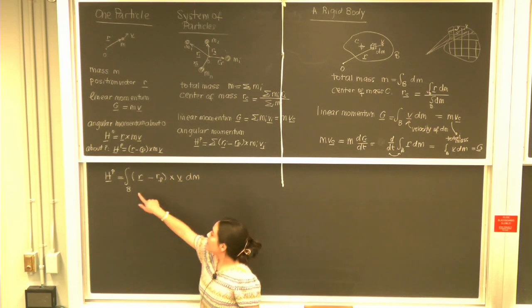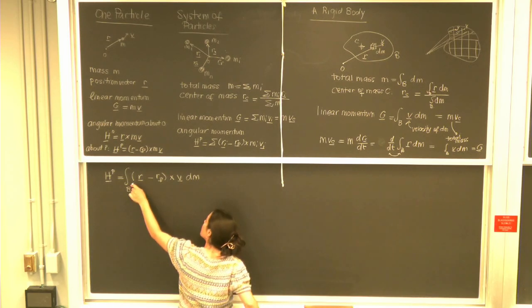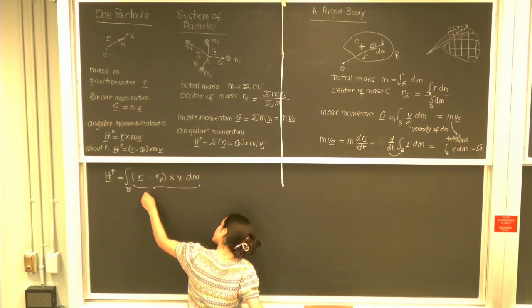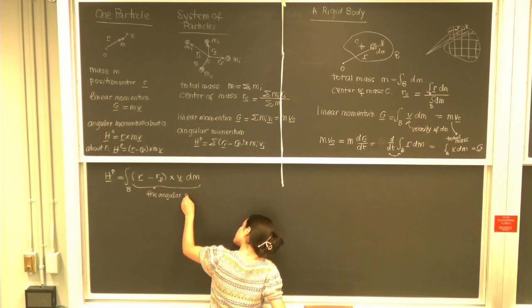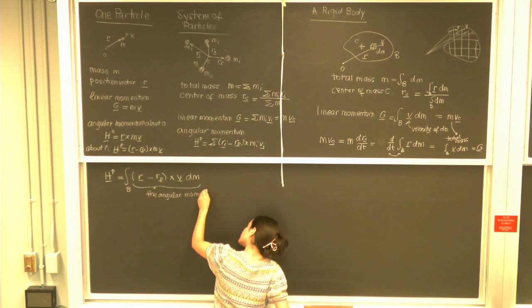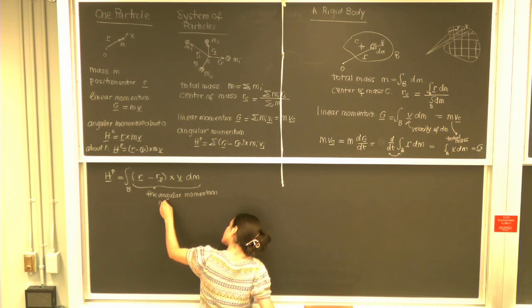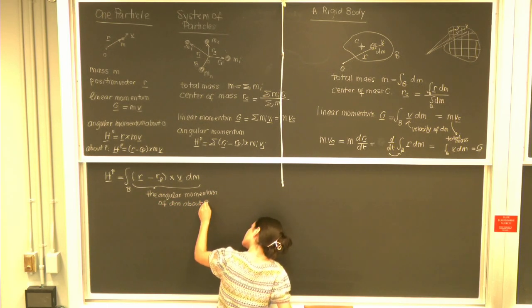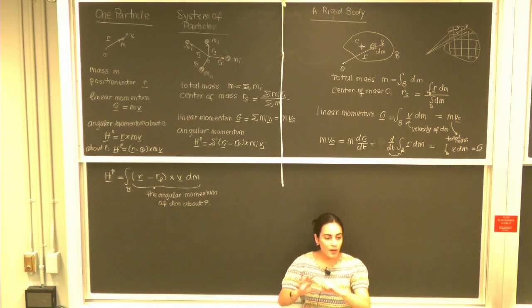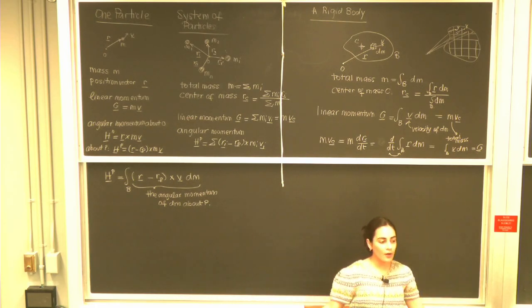So that's basically the angular momentum of dm about P, and I'm summing that for all the possible dm's.